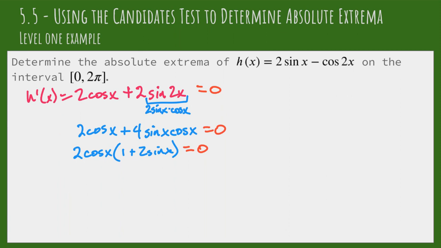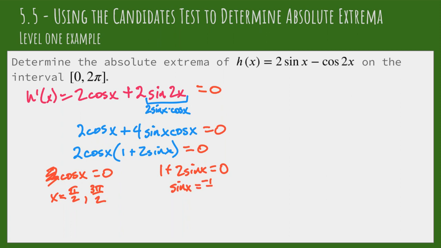And so we have 2 cosine of x equals 0, and we have 1 plus 2 sine of x equals 0. So cosine of x is going to equal 0 at pi over 2 and at 3 pi over 2. Then we're going to have sine of x equal to -1/2.